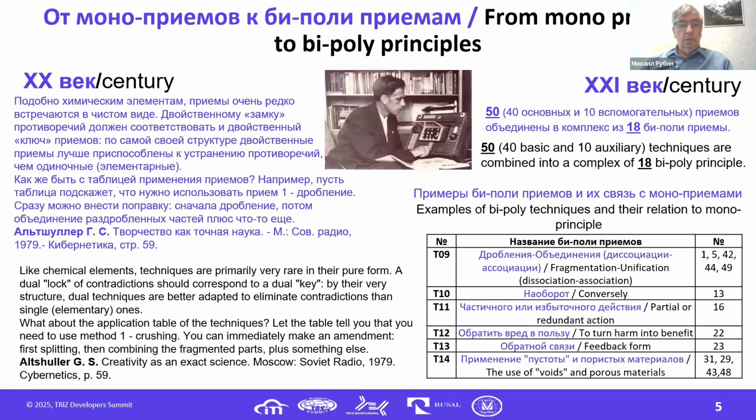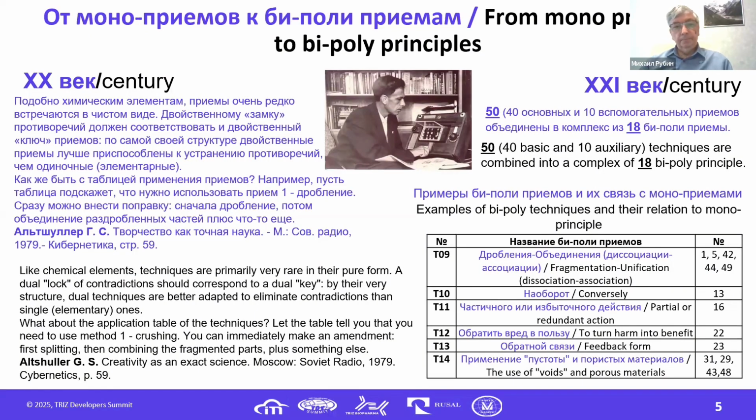We talk about mono principles and 10 additional principles which were formulated by Altshuler. In his book about creativity as an exact science, he wrote that it would be more effective to use not only mono principles, for example separation and combining, but different principles.